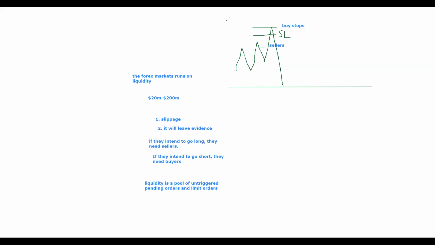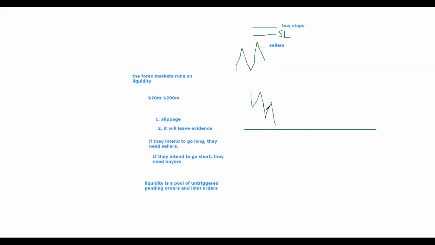Now, let's assume price is coming down to a support structure. We have the support structure here. Price does this, does this, does this, and makes a new low.